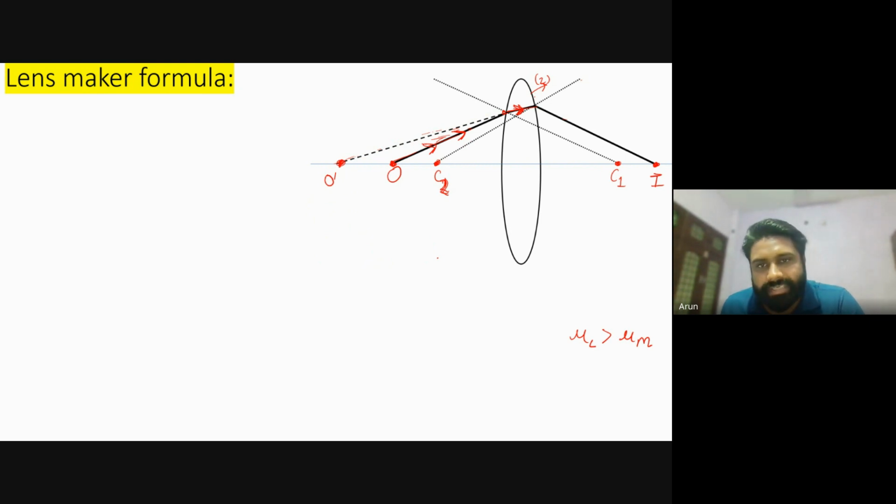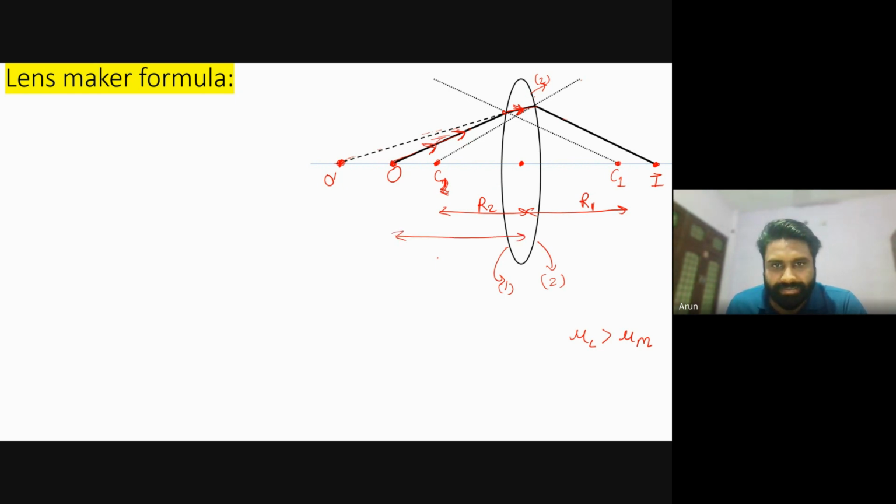Now we will measure the distance from the optical center in any lens. So this C2 is nothing but R2, the radius of curvature for the second surface. This C1 is nothing but R1, the radius of curvature for the first surface. This is the first surface and this is the second surface. This object from the optical center is at a distance, let's say u, and u is fixed.